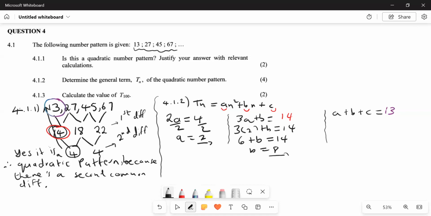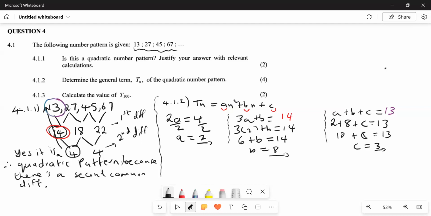Perfect. And therefore where we see a, we substitute 2, plus we have 8 for b, plus c equals 13. These two give us 10 plus c equals 13. Therefore c is equal to 13 minus 10, that's 3, right?